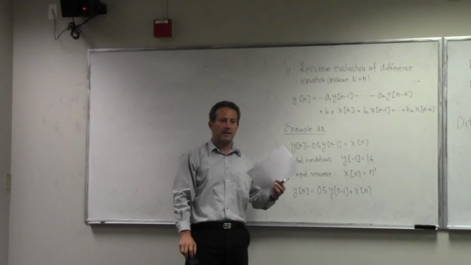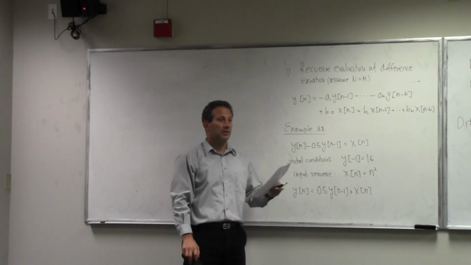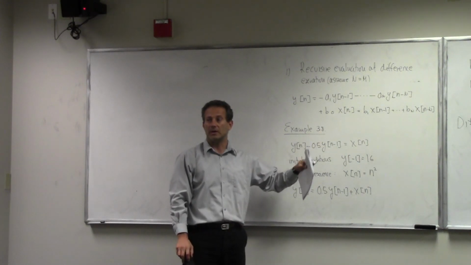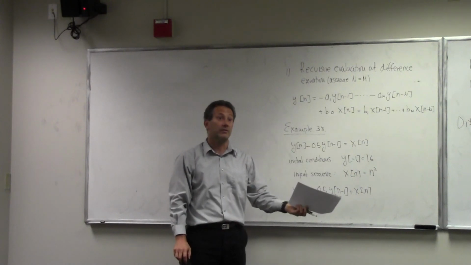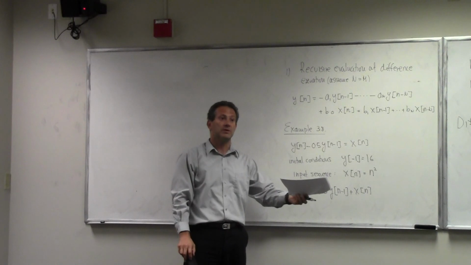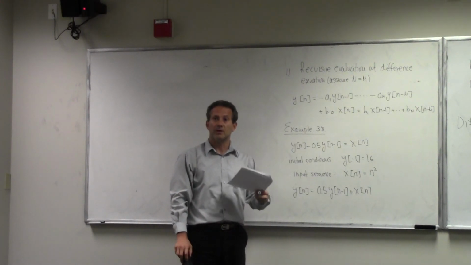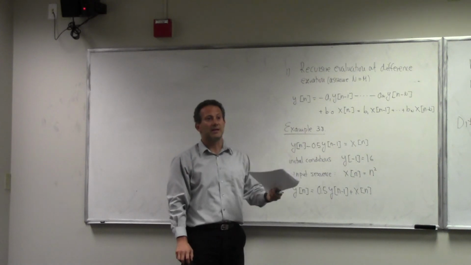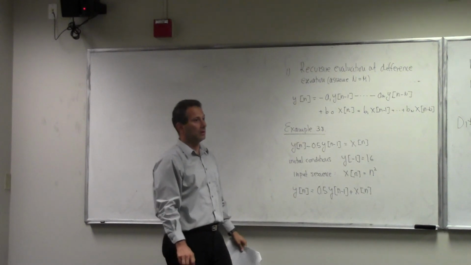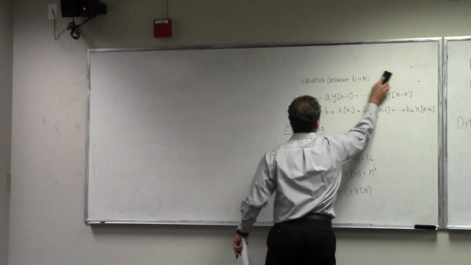Well, unlike time domain continuous systems, here we can always calculate the output. There's no doubt about it. We can go through the recursive evaluation of this difference equation, and for any given input sequence, get the output sequence. What we are really looking for here is an insight into the system behavior, which we only get once we obtain a closed form solution of the output based on the input.